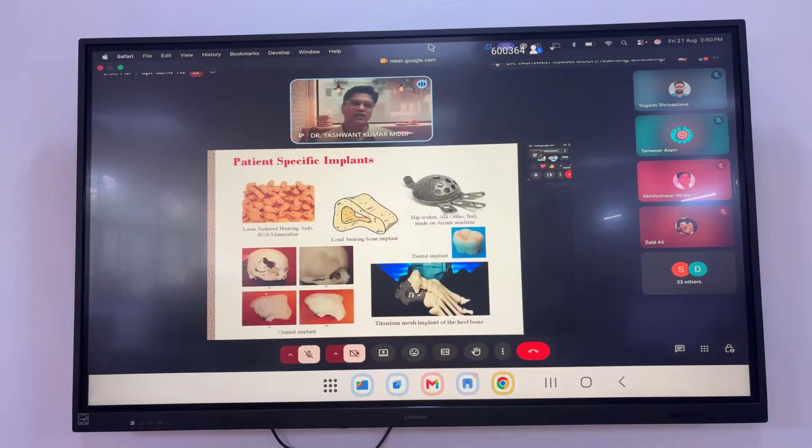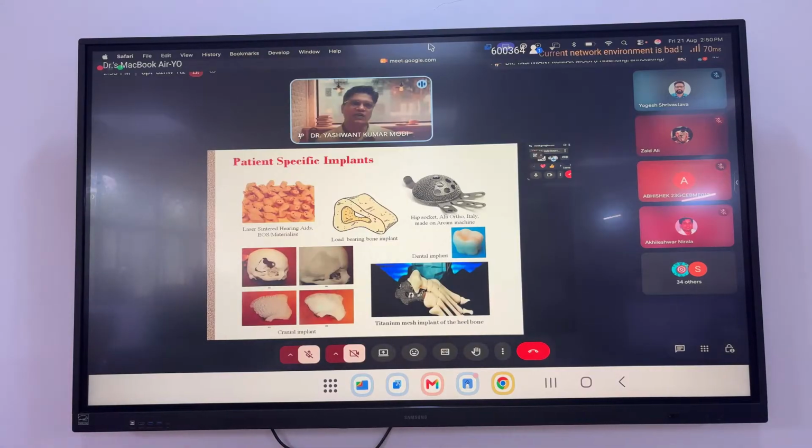Once the model of the implant is obtained, we can print it very well using any 3D printing technology. And once this is printed, it is already conforming to the shape of the skull of a specific patient.